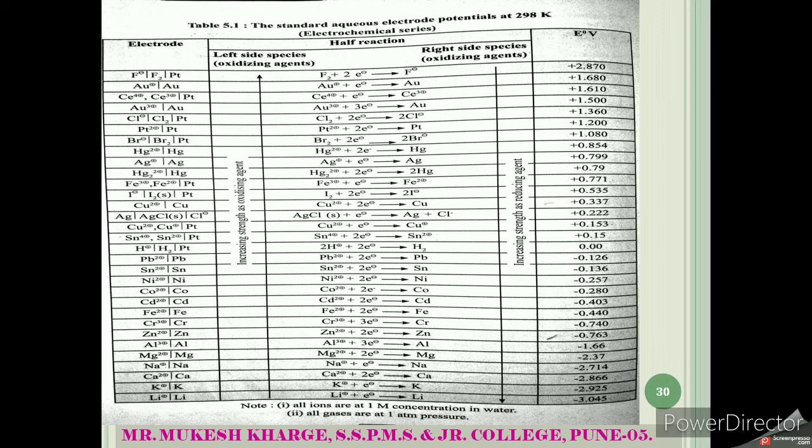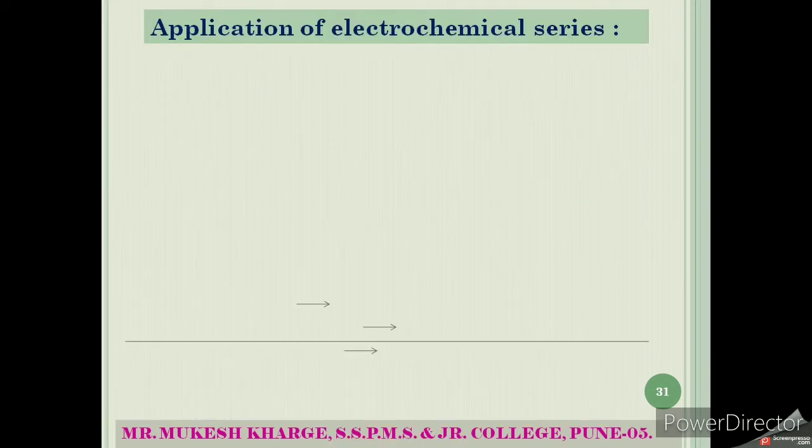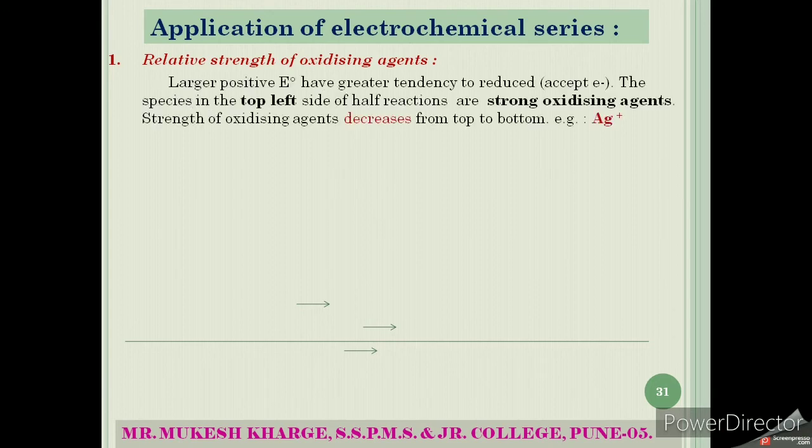Let us see the application of the SHE with the electrochemical series. The first application is the relative strength of oxidizing agents. A larger positive E0, that is standard reduction potential, means a greater tendency to reduce.